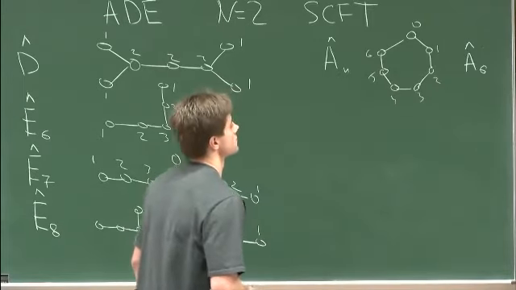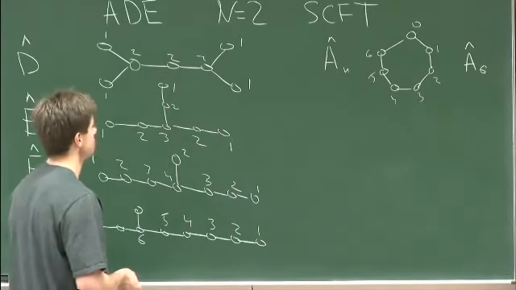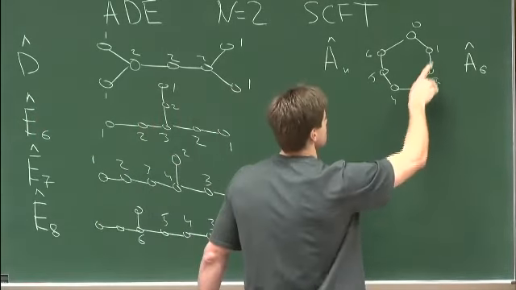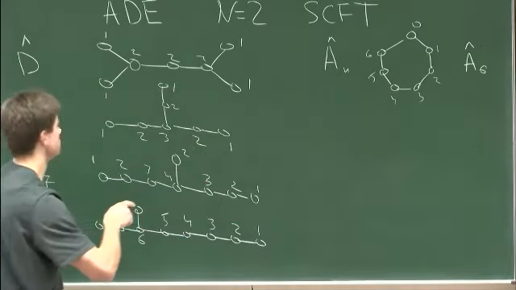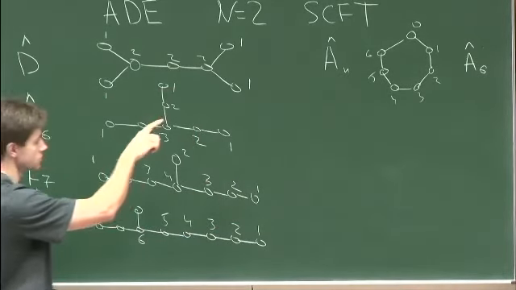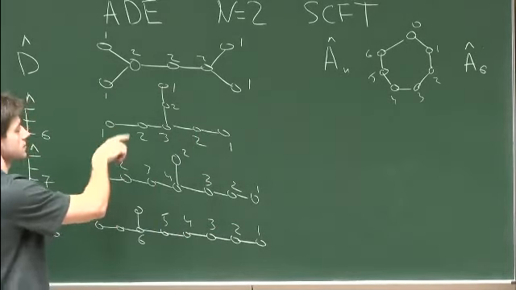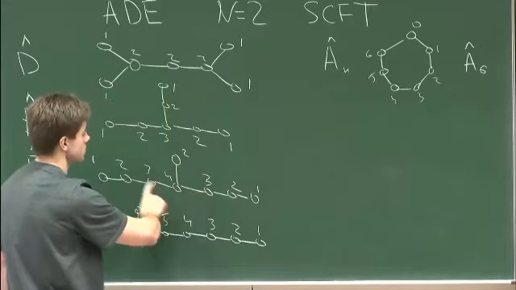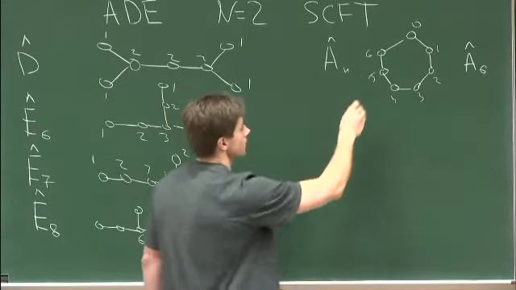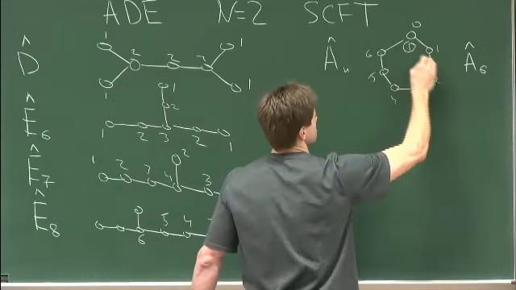What is drawn here is A6, and those labels just enumerate vertices. Concerning the Dynkin numbers, which are written here, they are all equal to 1. You'll put them in circles probably.